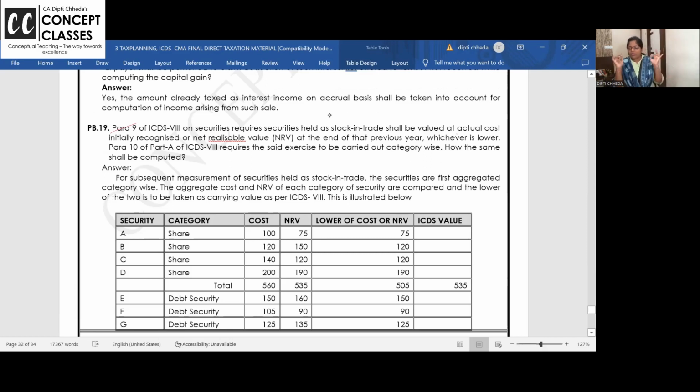I want all of you to put category wise in your problem in a block. However, the same shall be computed for subsequent measurement of securities held as stock in trade. Securities are first aggregated category wise. Aggregate cost or NRV for each category are computed and the lower of the two is taken as per ICDS 8.